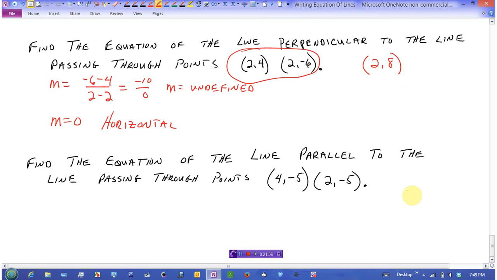So I know that my line is perpendicular to this line with the points (2, 4) and (2, -6). So I already showed that my line has to be a horizontal line passing through the point (2, 8). And if it's a horizontal line passing through the point (2, 8), let's think about that. (2, 8) would be like, say, up here. My line's a horizontal line passing through that point. It's got to be the equation y is equal to 8.